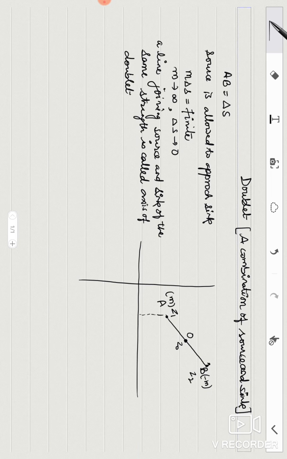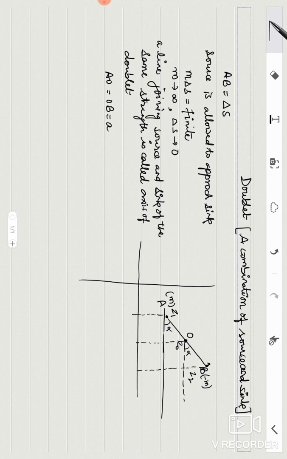Let us take that the axis of the doublet makes an angle alpha with the x-axis. We will draw these lines for calculation purpose. We know that if it is alpha, this will also be alpha. So AO is equal to A and OB is also equal to A. This is A, this is 90 degrees, and this is alpha.